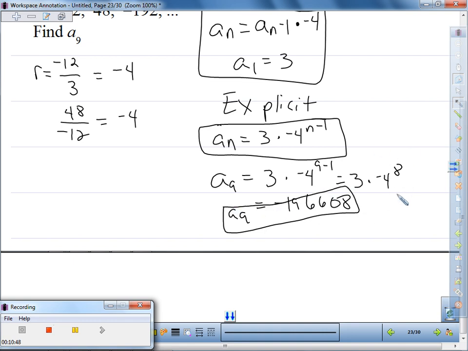And remember, no matter what, if you mess up on the calculator, it may give you a negative number for this part. Okay, but it's got to be positive. So for this one, it has to be positive 196608, because anytime you take a power that's positive, you end up with a positive number.